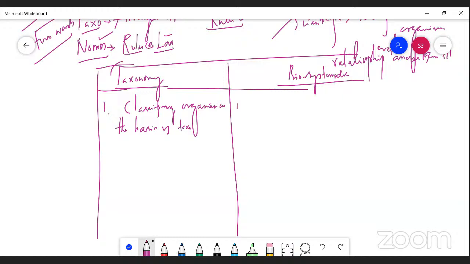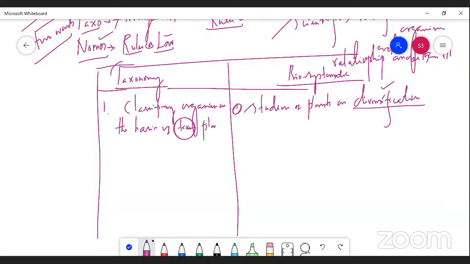Here, studies of plants on diversification. So it is commonly called a mass group of plants. Among that mass group, the unrelated ones should be avoided. So classifying organisms on the basis of taxa. Taxa means plants or species. For biodiversity, the study of plants is on the basis of diversification.